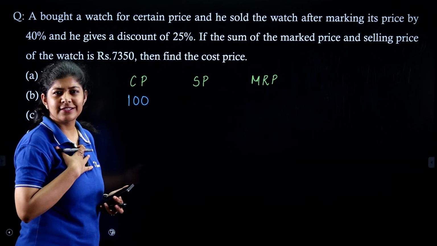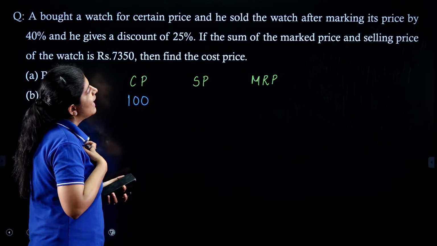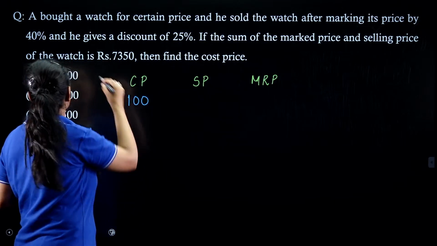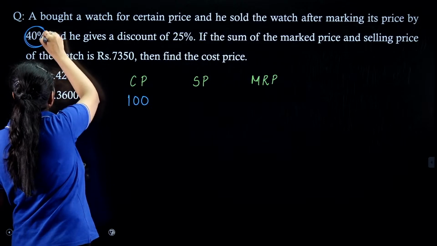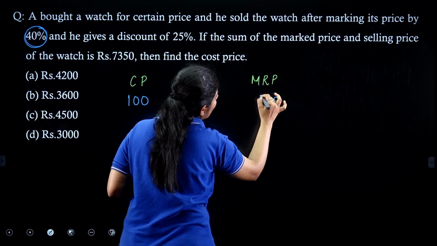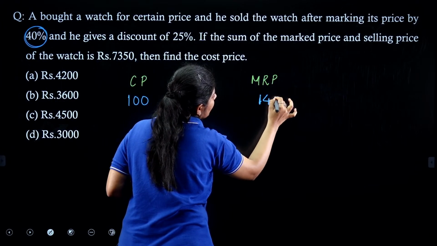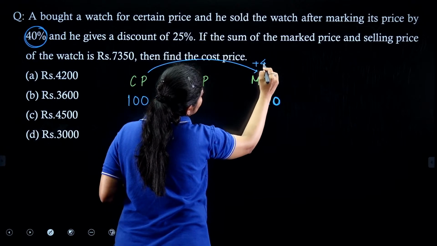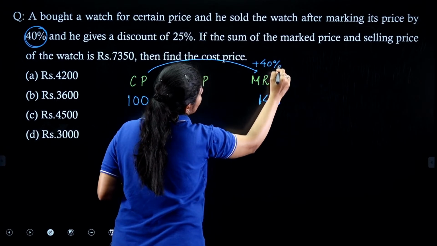This is my assumed value. I marked it up by 40%. That means I marked it as 140 rupees. I put a tag of 140 rupees on it, right? There's an increment of 40% in it, right?